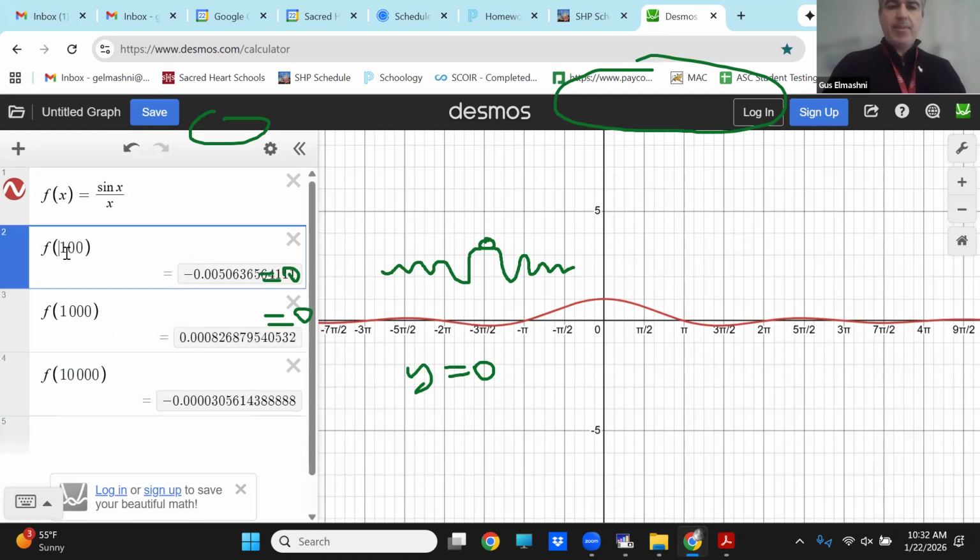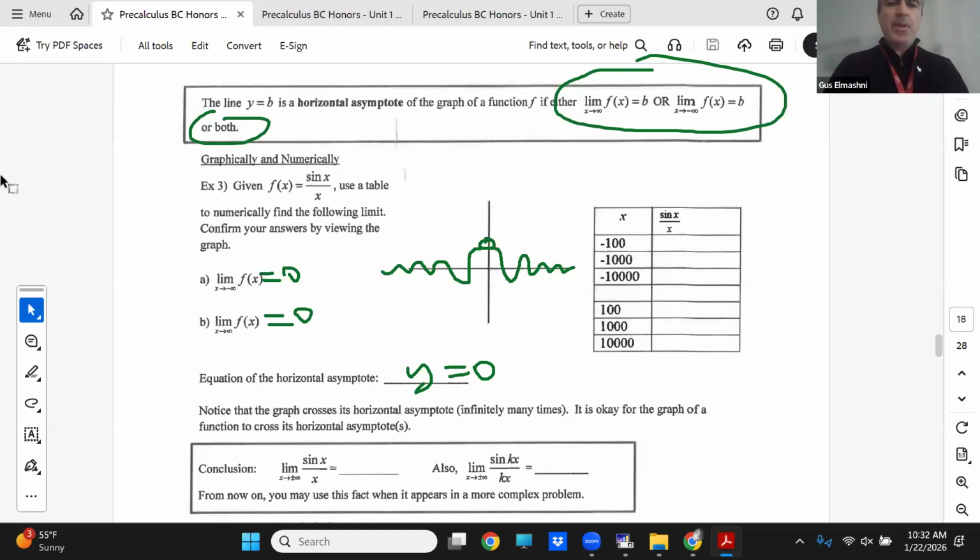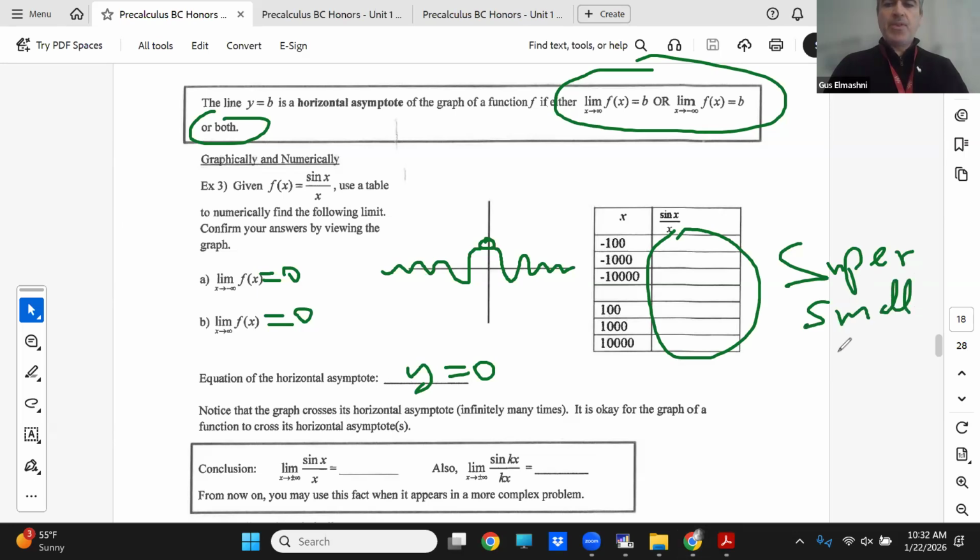If I plug in a negative, whatever, fine. We don't need to fill those out because it's kind of trivial, but we know that these are super small numbers. I'm not going to actually write those out because that's just a waste of time. You guys get the idea.